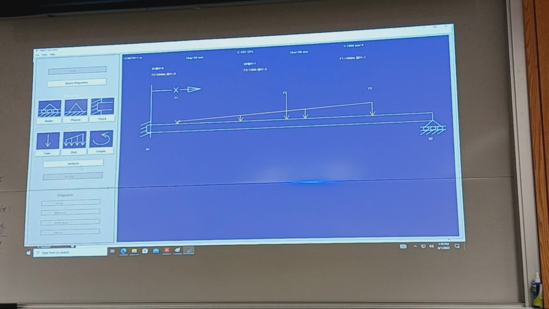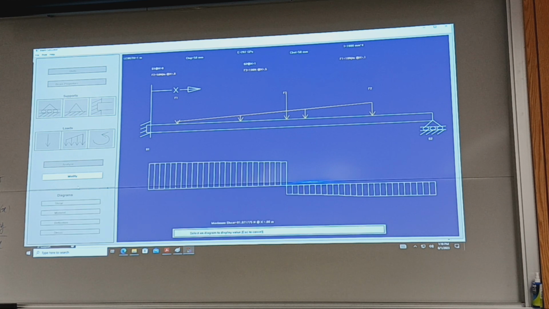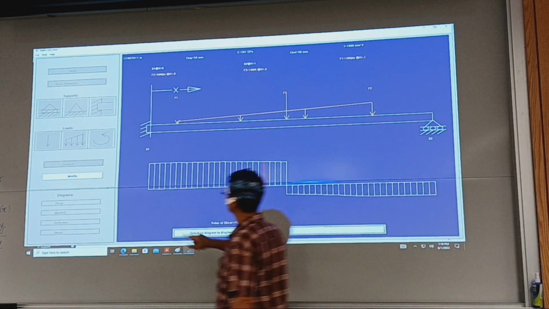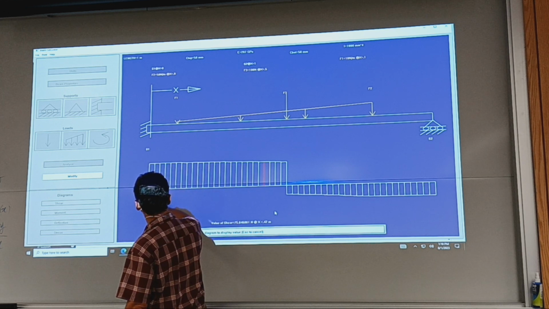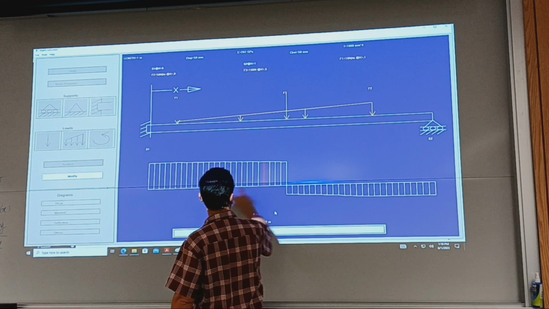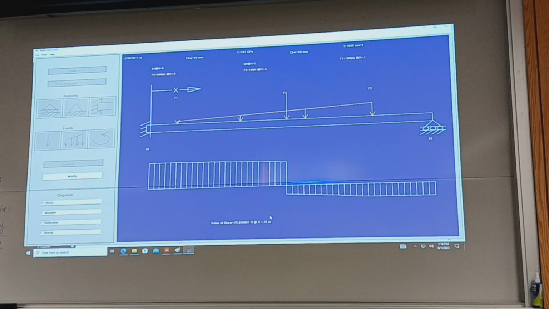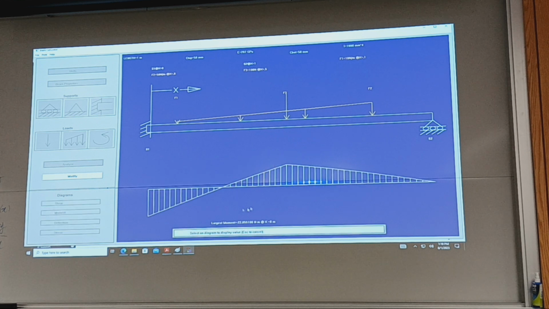Okay, and analyze. So shear diagram, and you need to select on the diagram. You click and it tells you the values. Each line corresponds to one node, so you can even tell how many nodes his finite element model has. So it'll be 1, 2, 3, 4, 5, whatever. Then you press escape and it generates the moment diagram.